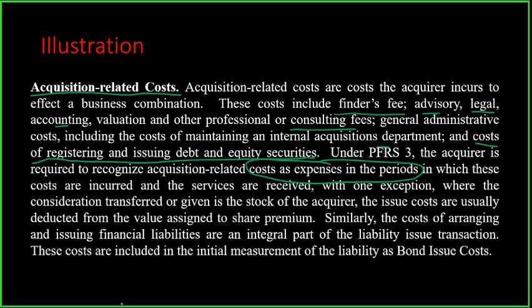So, as long as they are related to your business combination, you record them as a business combination expense. When? In the period when they are incurred. Okay? With one exemption, where the consideration transferred or given is the stock of the acquirer.